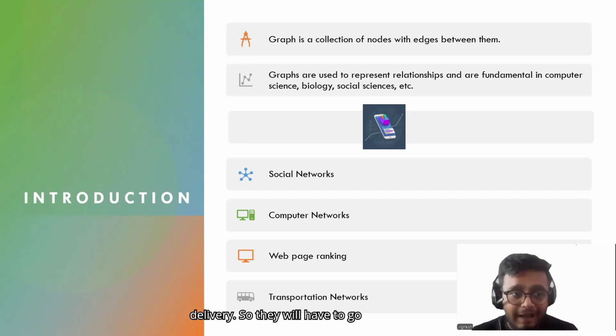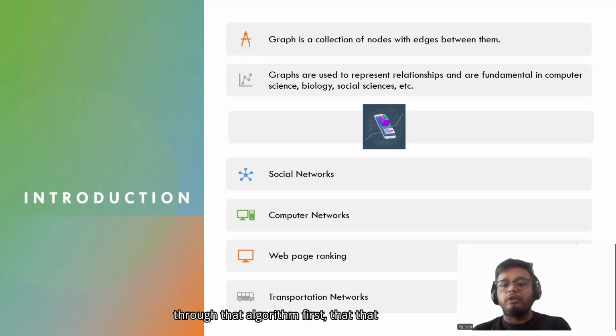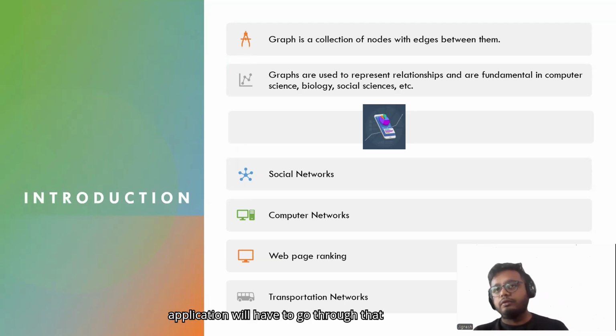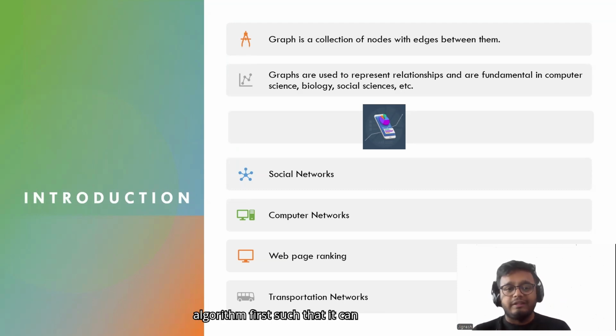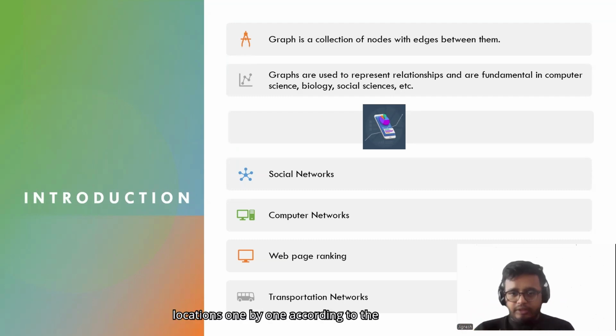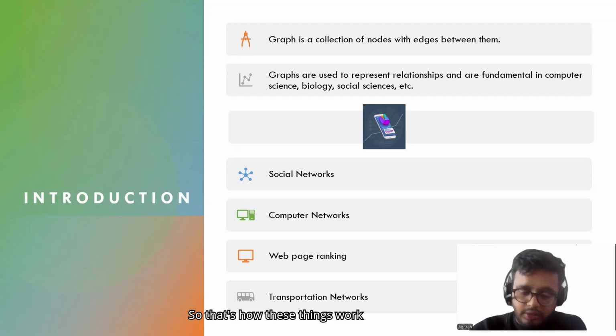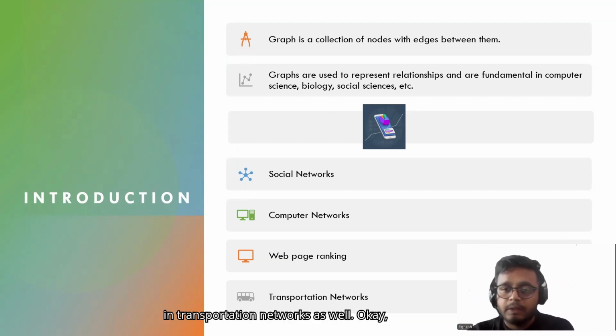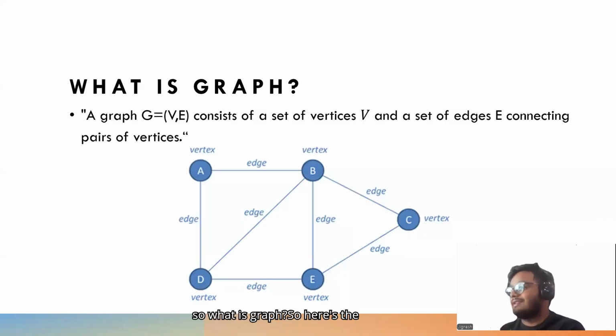That application will have to go through that algorithm first, so that it can give all the delivery locations one by one according to the shortest distances available. That's how these things work in transportation networks as well. Okay, so what is a graph?